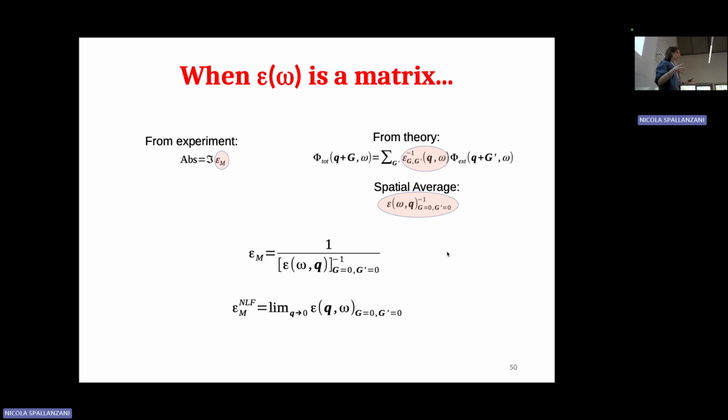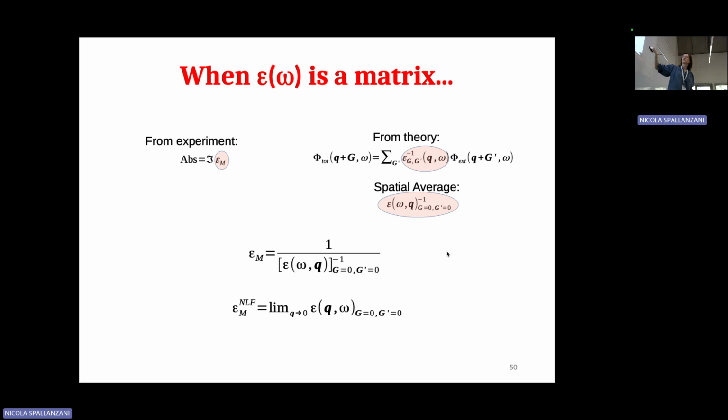All the elements of the matrix count for the calculation of only one element of the inverse one. So the matrix is completely calculated. We calculate the entire matrix, and then we invert, and we get just the G equal to 0 and G prime equal to 0 because they correspond to the spatial average of the starting quantity.